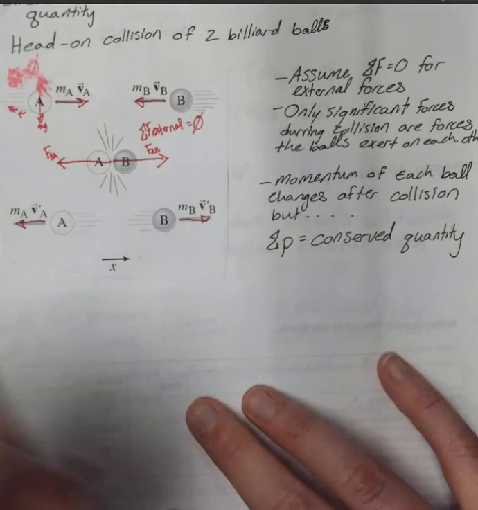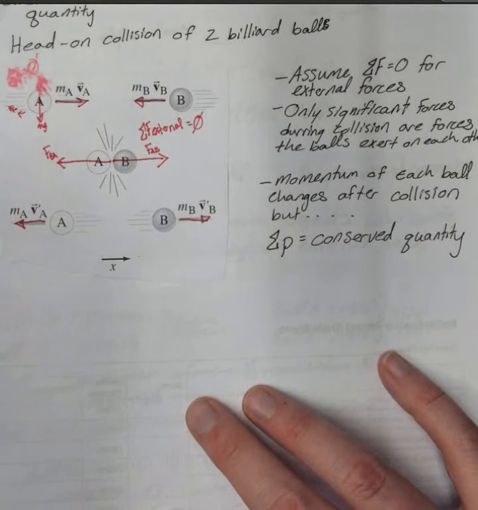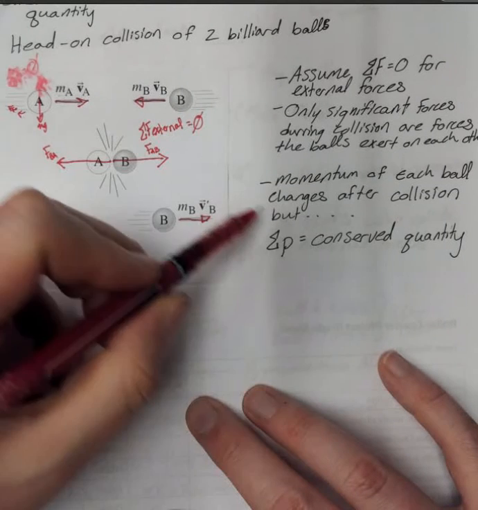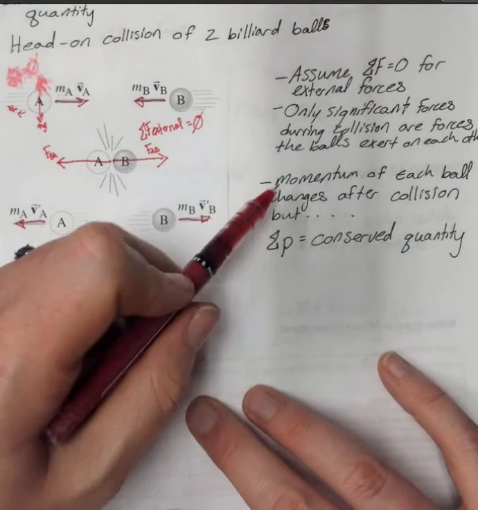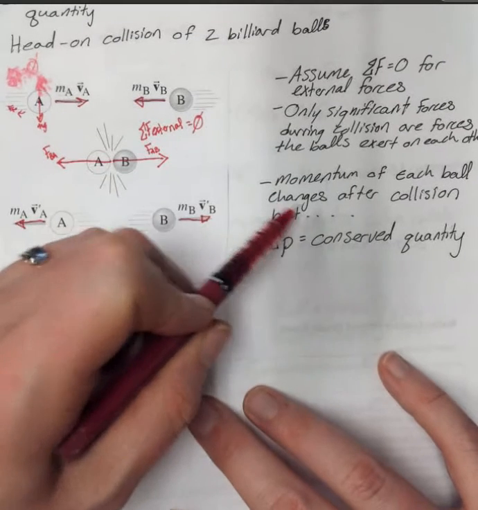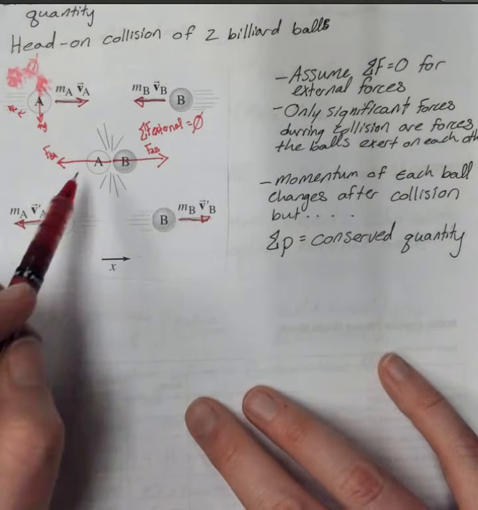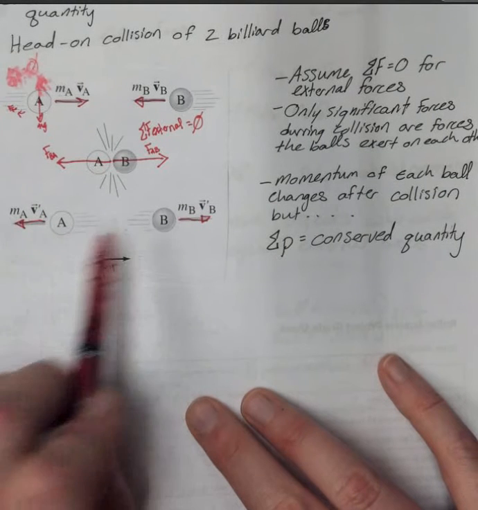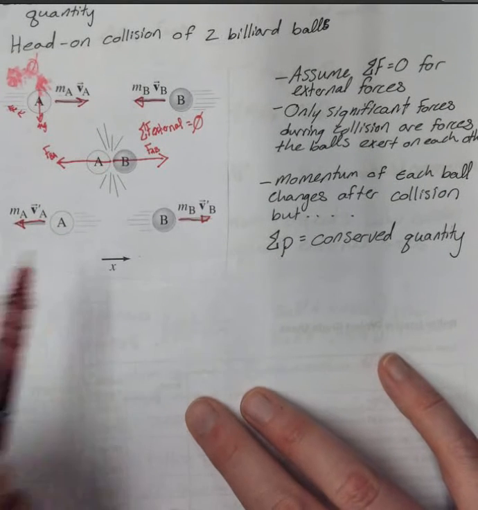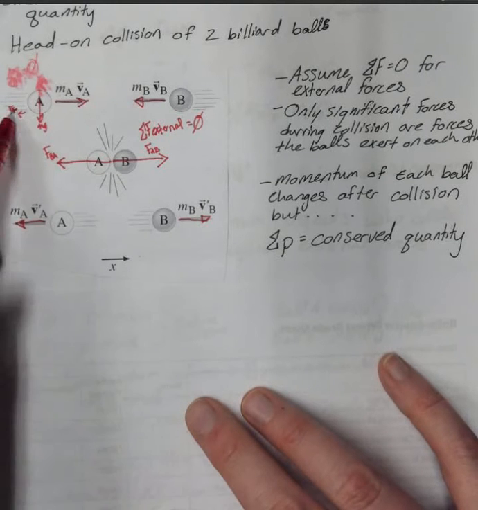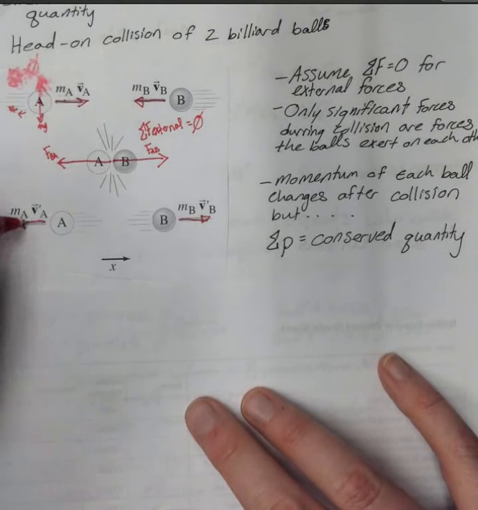The same thing could be said for the momentum of ball B. So the momentum of each ball is going to change after the collision, from the momentum it was moving with before, to the momentum that it's moving with after.